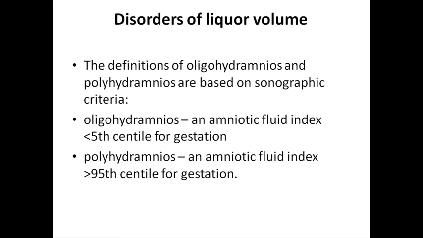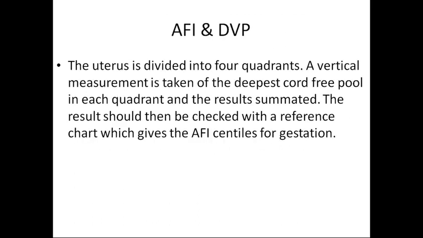And also from the 90th to 95th, there is also no problem. So we will describe the abnormality as oligohydramnios if the amniotic fluid is below the 5th centile, or polyhydramnios if it is above the 95th percentile.